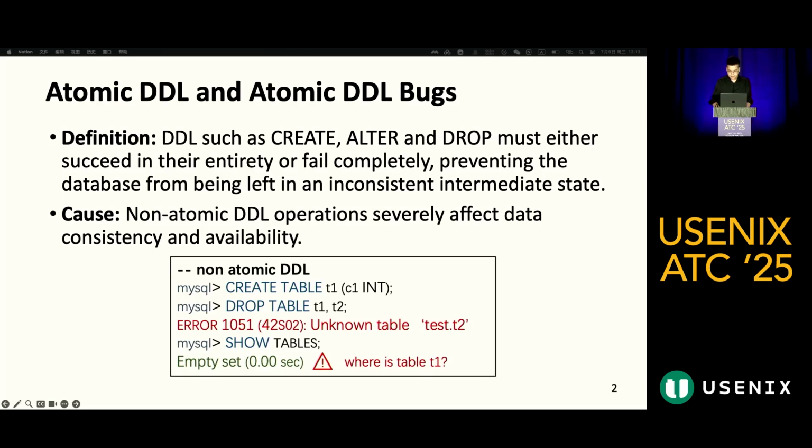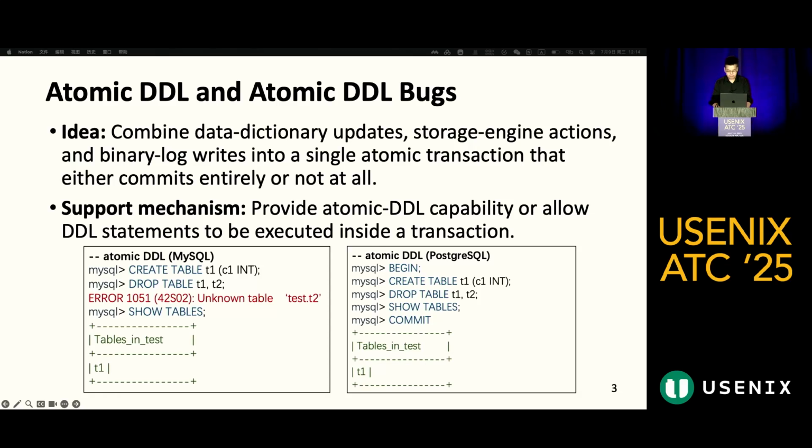And here is the critical question: was the table T1 deleted or not? Under non-atomic DDL semantics, T1 may already have been dropped, producing an unpredictable result and breaking consistency guarantees.